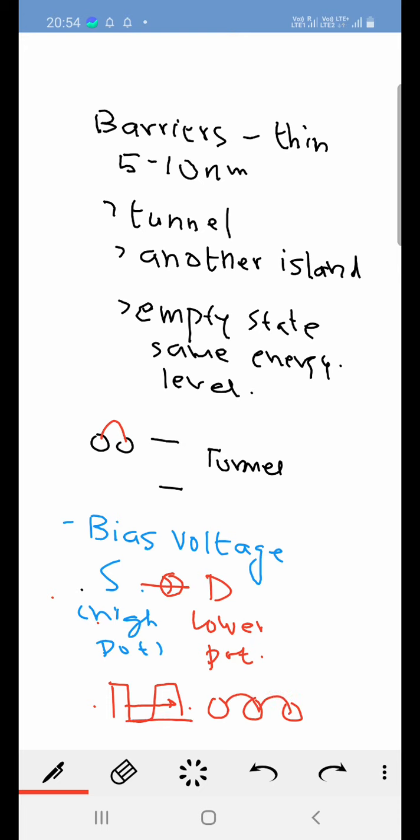So on and off the island they can tunnel, and that is how the electron flow takes place in the single electron device. So there is tunneling, there is island formation and discretization of energies in the island. The closer the island, the higher the difference between the two energy levels. So this is how the electron flow takes place.